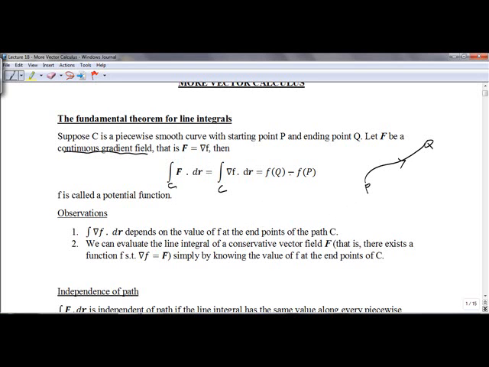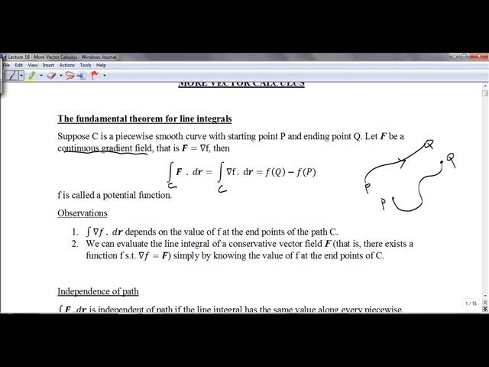But I'm showing you another formula that you can use. And this is really interesting because it does not depend on the type of path. All it depends on is what is happening at the endpoints. So you can have a path like that, you can have a path doing this. The line integral is the same as long as P and Q are the same points.